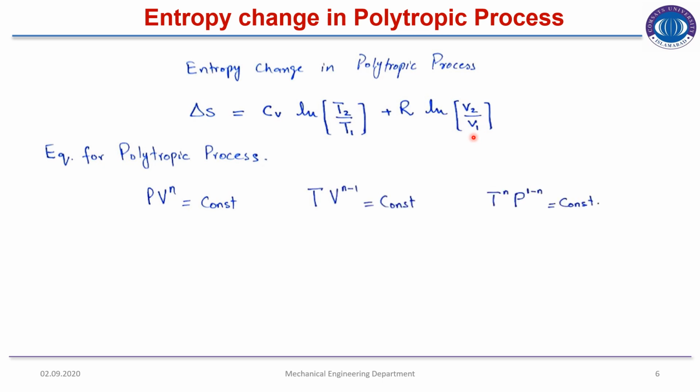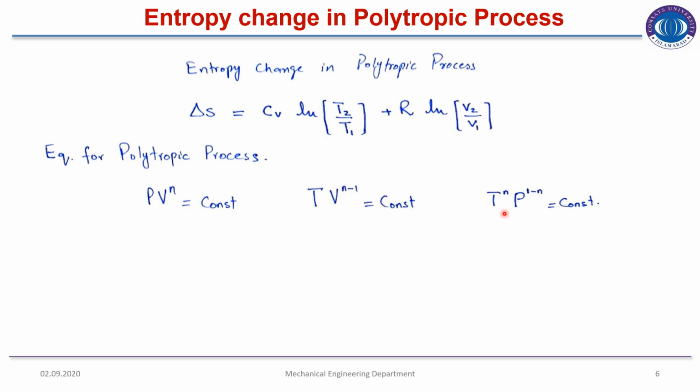These are the three relations that are used to represent the polytropic process. The first one is PV^n equals constant. Second is TV^(n-1) equals constant.